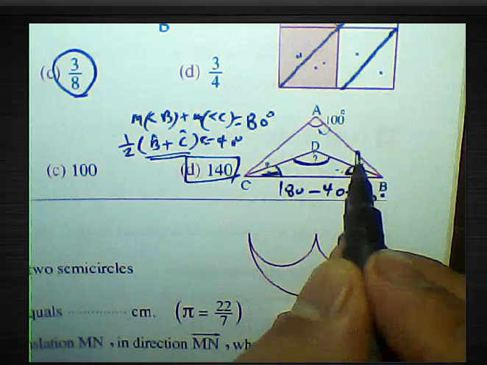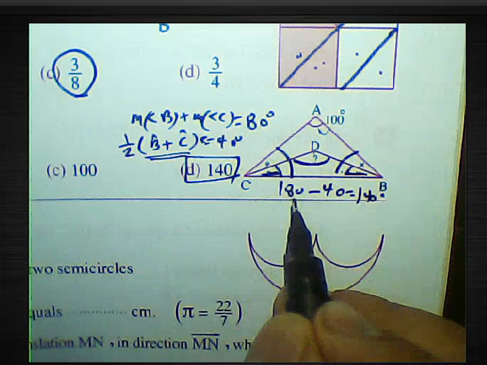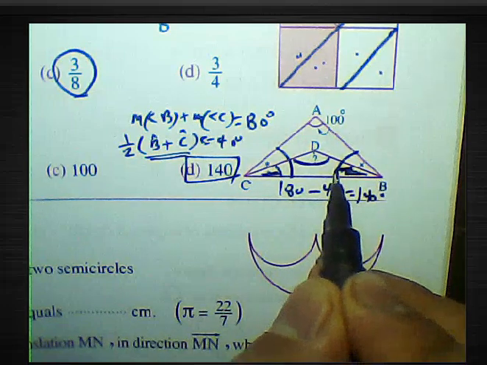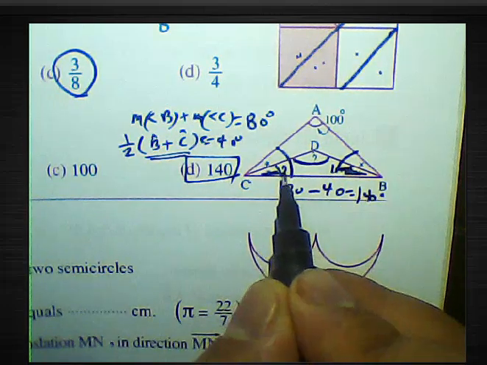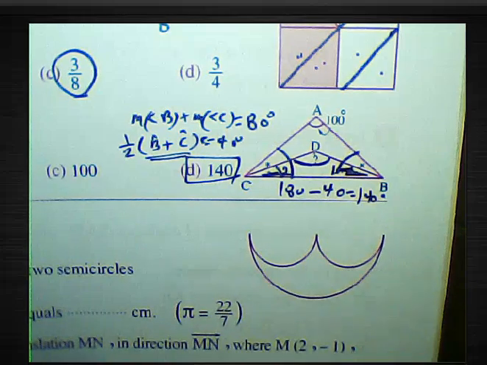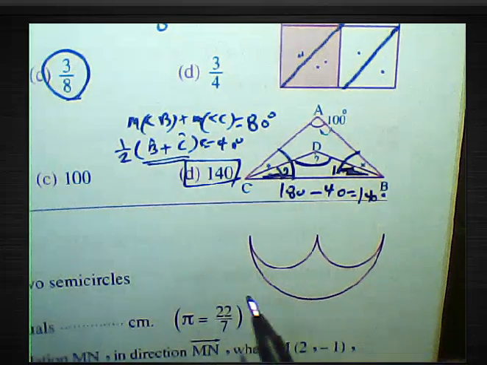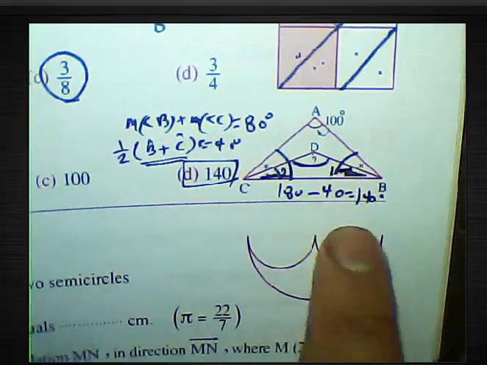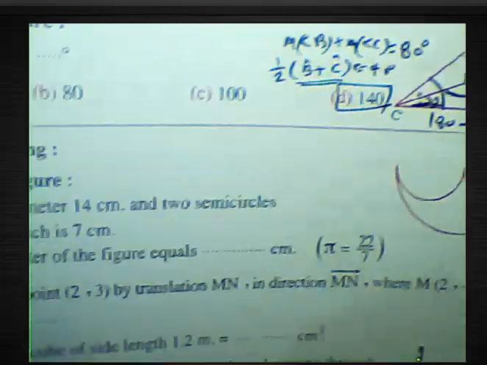Understood? Because the measure of angle B plus the measure of angle C equals 80. Then the measure of angle 1 and angle 2, the sum of them equals 80 degrees. And then the measure of angle D equals 180 subtract 40 equals 140 degrees.